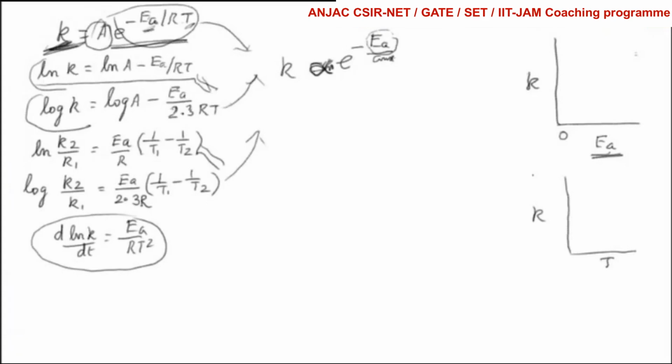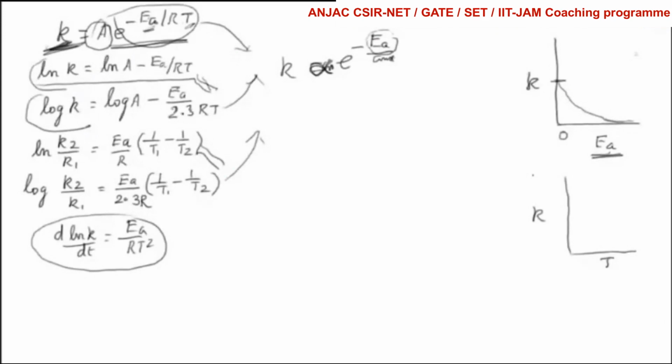As the EA value increases, the e power minus value increases, which means the value decreases exponentially. And the graph would be like this. This is the graph I obtained, K versus EA.